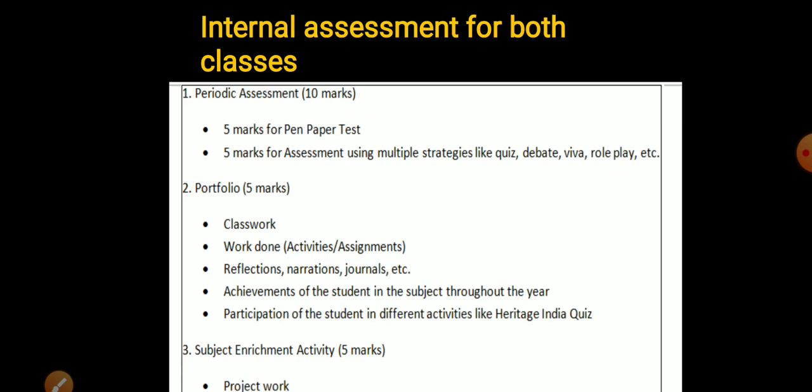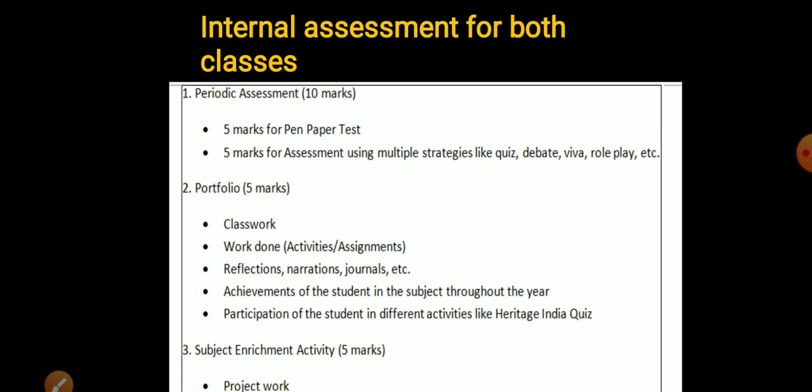Then work done or activities or assignments, whatever activities or assignments you are completing, or worksheets, or question bank also, means nowadays you are getting lesson wise question bank or flow charts. Whatever your activities, assignments, question bank or flow charts, you have to maintain all in your portfolio file.